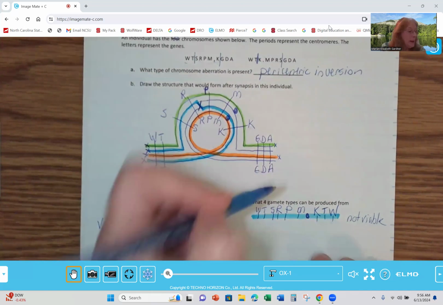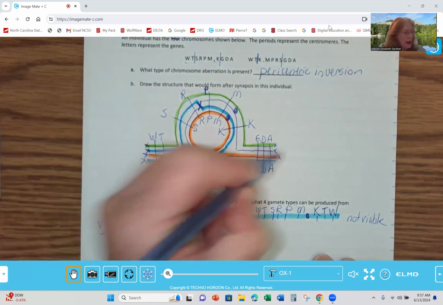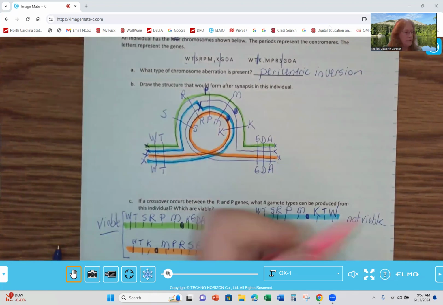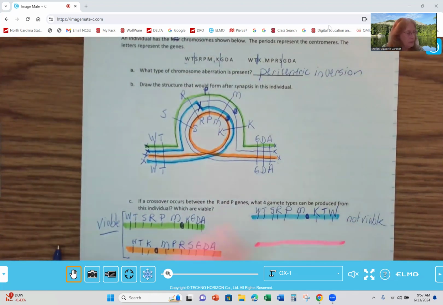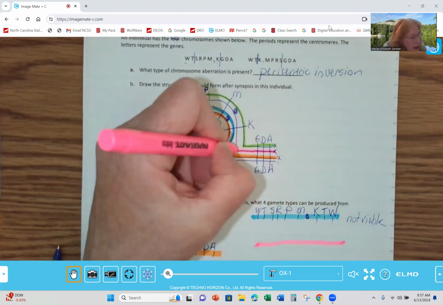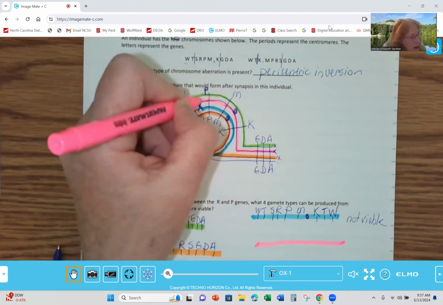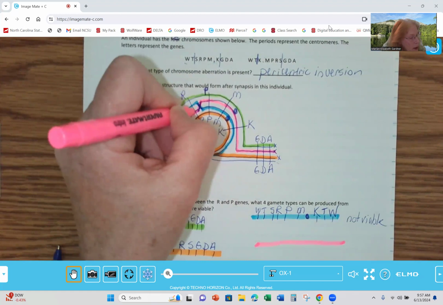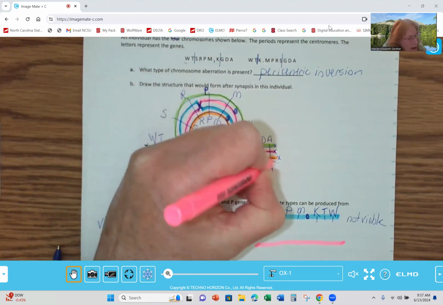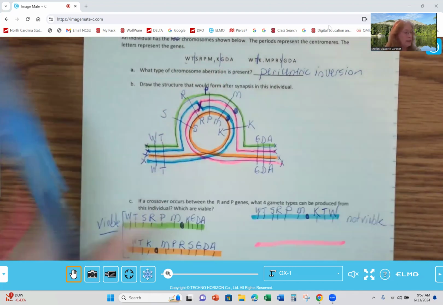Now our last one must start at the right because we've used all of our starting points over here. And ideally, it will finish up down there. So let's try the pink line for this one. ADG K centromere MP cross down RS, and it does go all the way back here, GDA. So we managed to use up all of our ends.